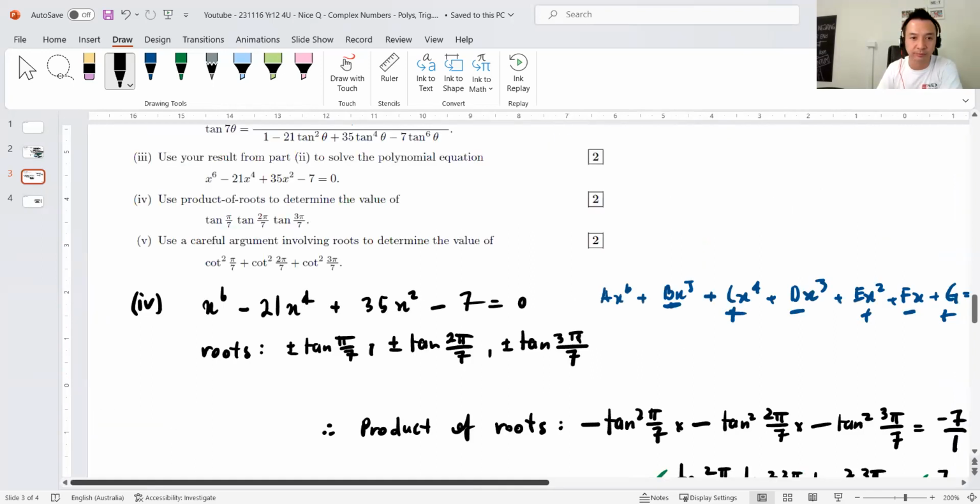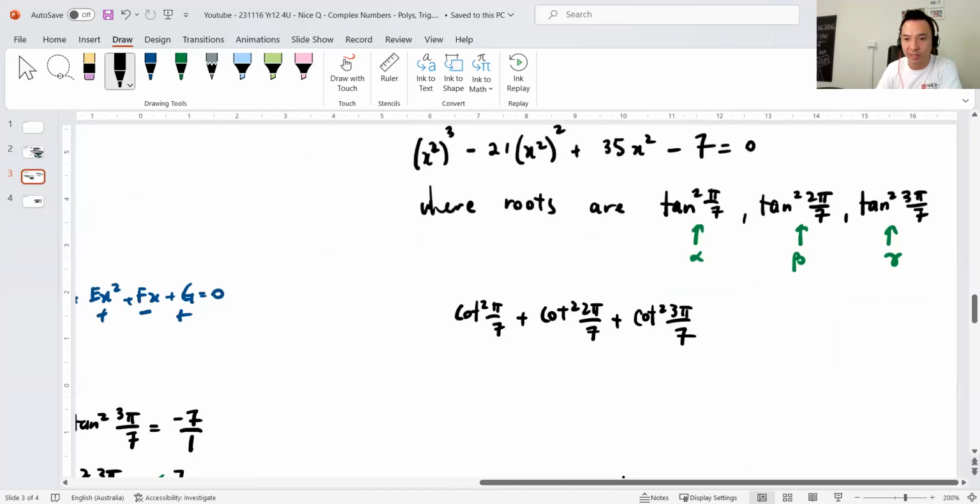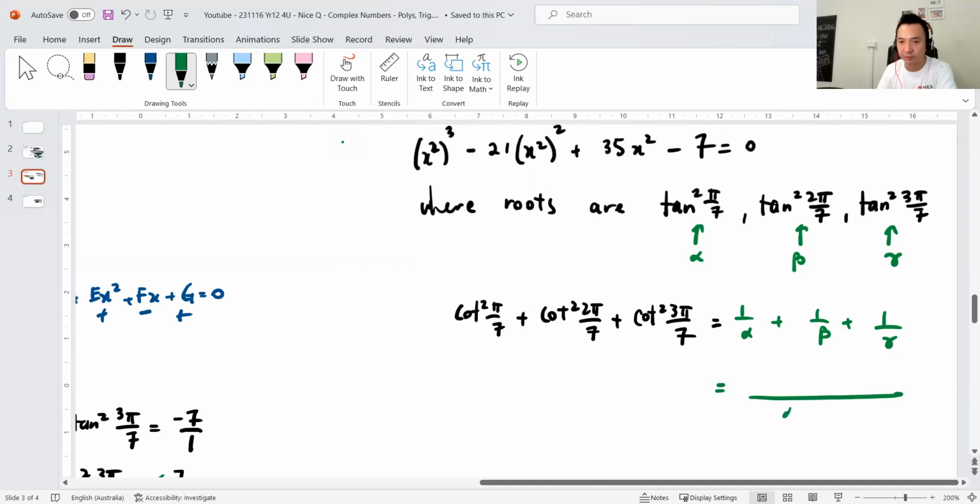In terms of alpha, beta and gamma, that's just 1 on alpha plus 1 on beta plus 1 on gamma. It's just the reciprocals of my roots, which we know, using common denominators, is the sum of the doubles upstairs over alpha beta gamma.